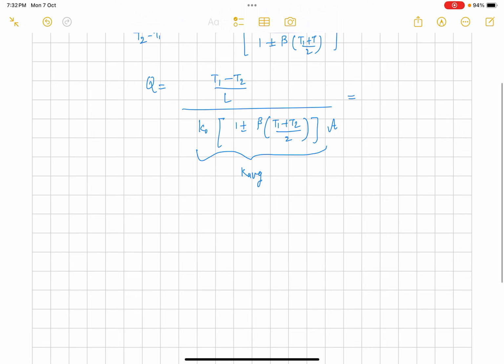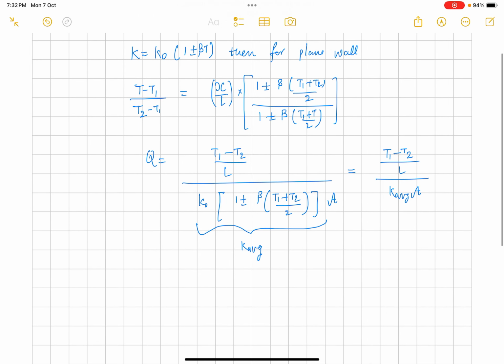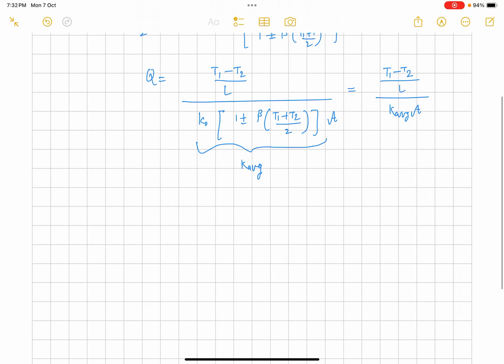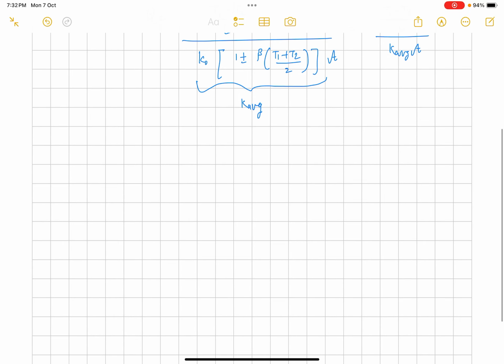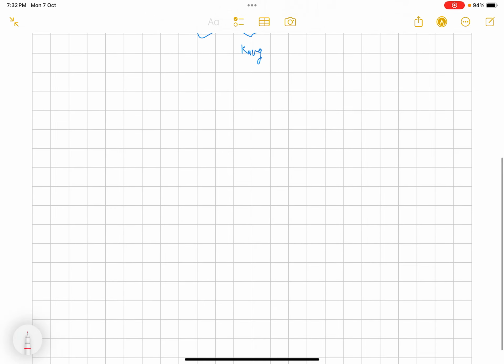Right, so we can write Q equal to (T1 minus T2) divided by L divided by k average times area. Okay, so far this we have seen. Now for the second case, when there is variation of thermal conductivity with temperature in a hollow cylinder.